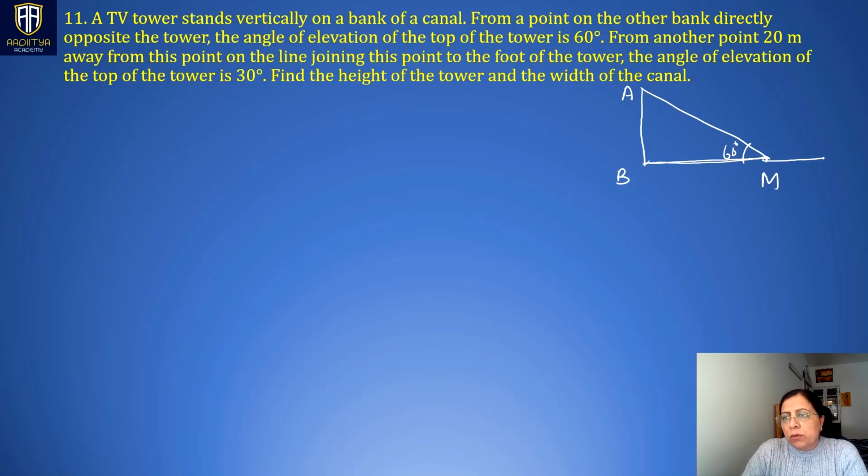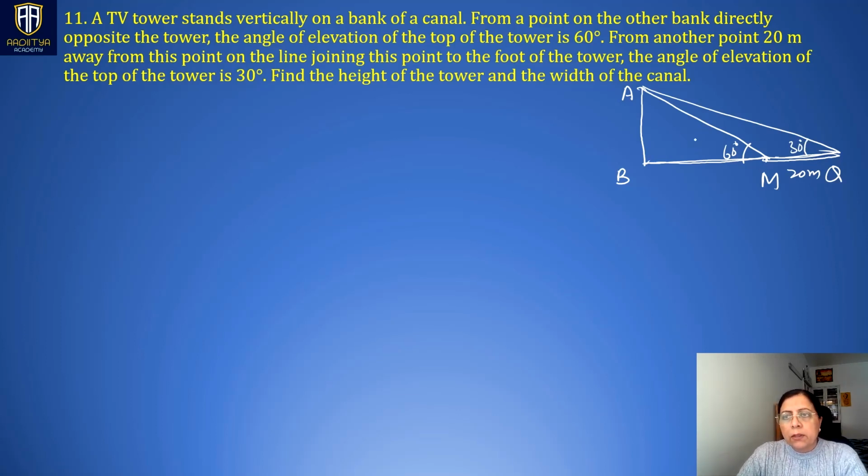So we have to move away from here. Let this be a point, let's say Q, which is 20 meters away from M, and the angle of elevation of the top of the tower is 30 degrees. So this angle of elevation becomes 30 degrees, right?